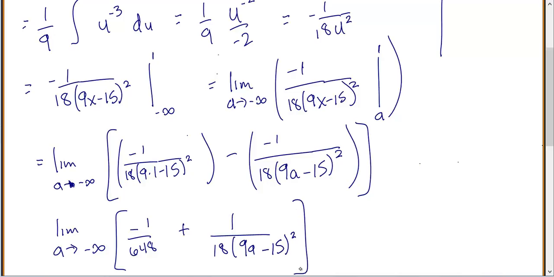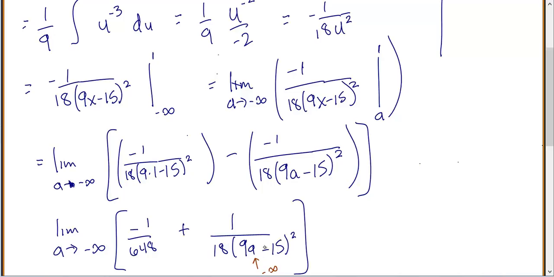Now we see what would happen if we put in a negative infinity here. So we'd have 9 times negative infinity, so that's going to be even bigger. If we had negative a million, now we have negative 9 million. Minus 15, that's going to be like negative 9,000,015 times 18, and we're up to really, really big numbers.